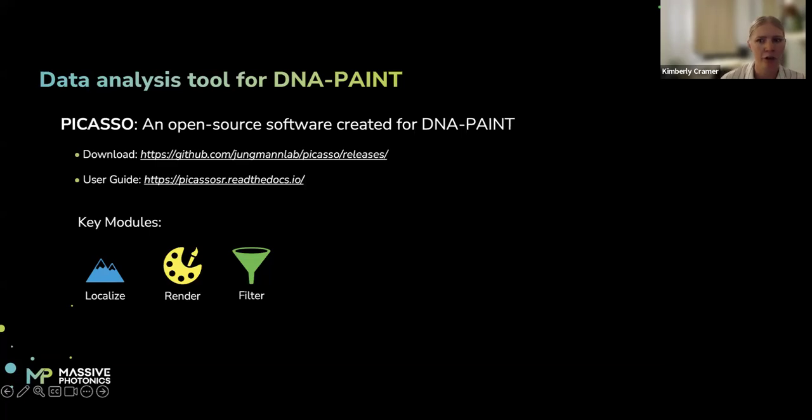It has a really nice user guide that comes along with it. And most people use 3 modules. So these are 3 of the desktop icons you would see once you download it. And those are localize, so you can localize your single molecule localization microscopy blinks. You can render them. And then you can also do some filtering by several different parameters.